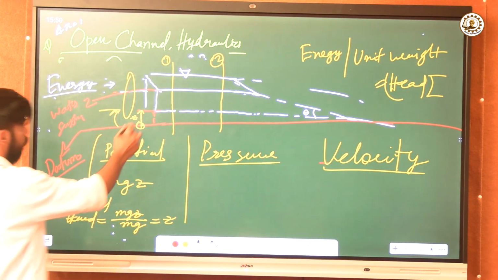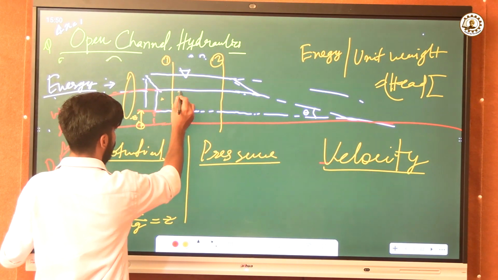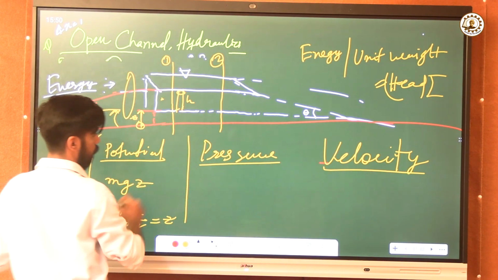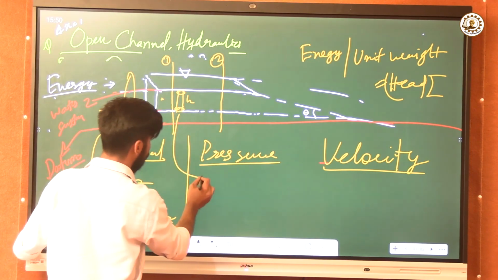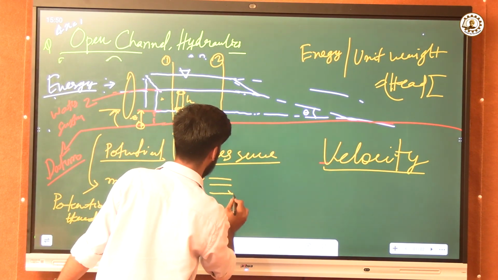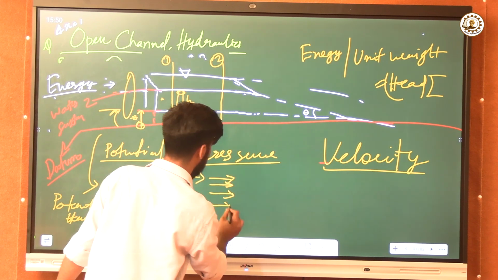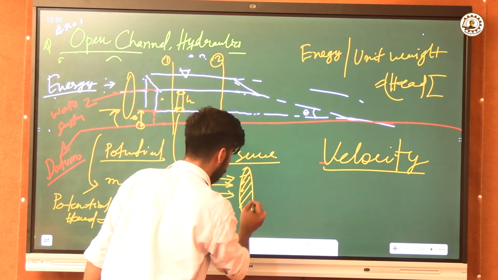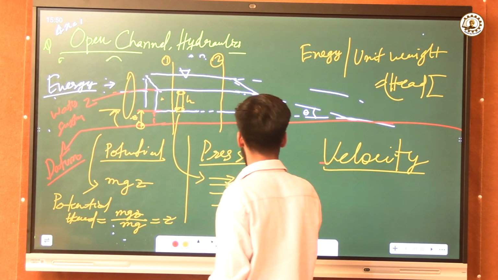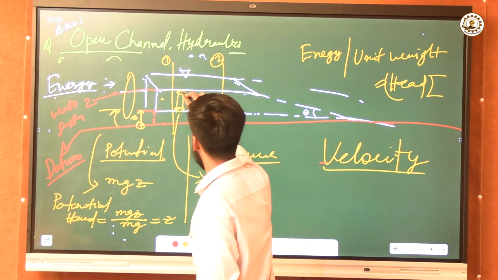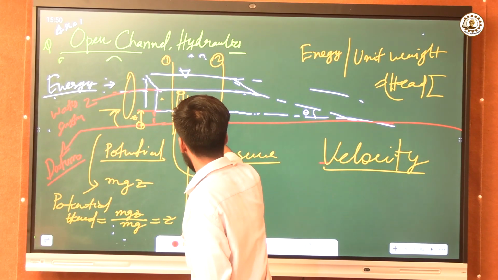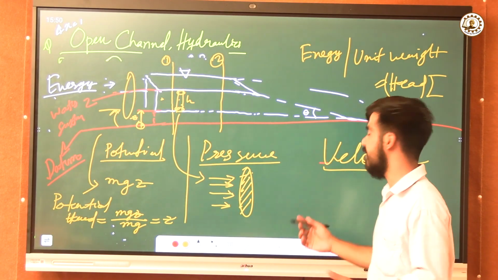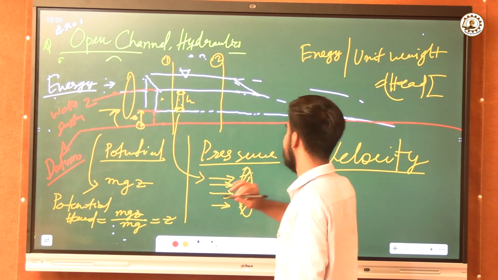Now think of a particle here. Think of a column in that section. Now if the flow is acting towards the column, there is a force on the cross-sectional area of the column. Due to the existing pressure gradient, that thing will gain an energy which is called pressure energy.